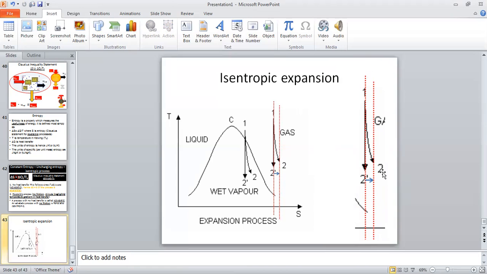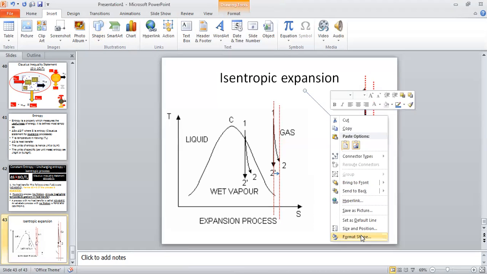So it means 1 to 2 is the standard, so actual. So isentropic is always ideal, because in isentropic you can see zero friction.